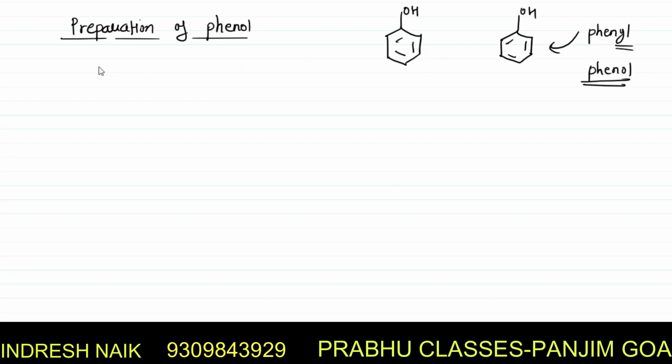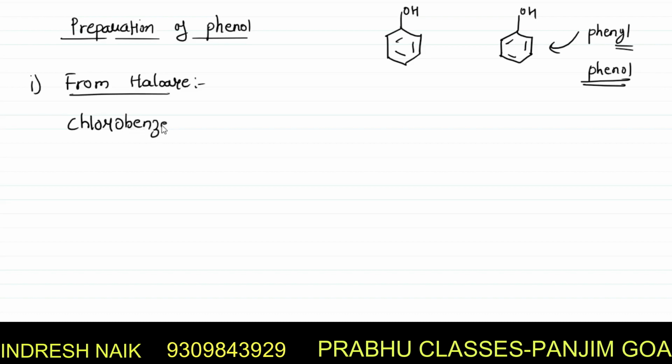So first preparation of the phenol, that is from haloarene. So from haloarene means what? Chlorobenzene is a good example of a haloarene.